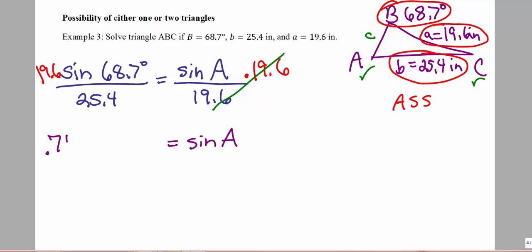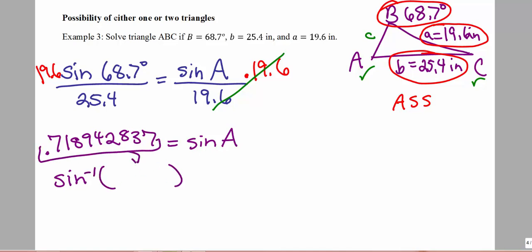So 0.718942837. So we see that we have a positive sine value, and this is a possible sine value for an angle. So our calculator should give us an answer. We're going to hit sine inverse, and we're going to feed that sine value into the inverse function.